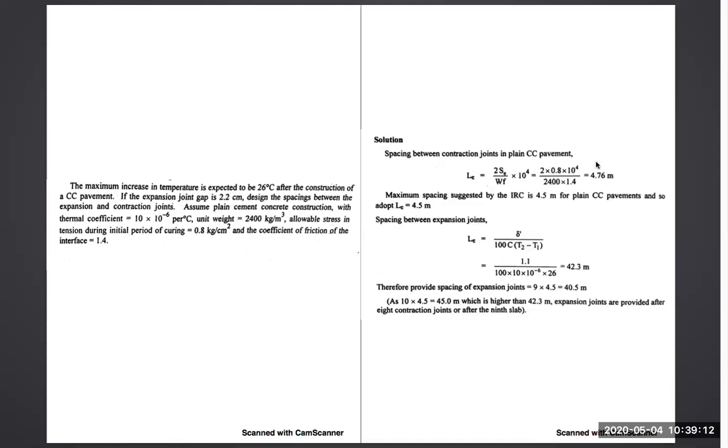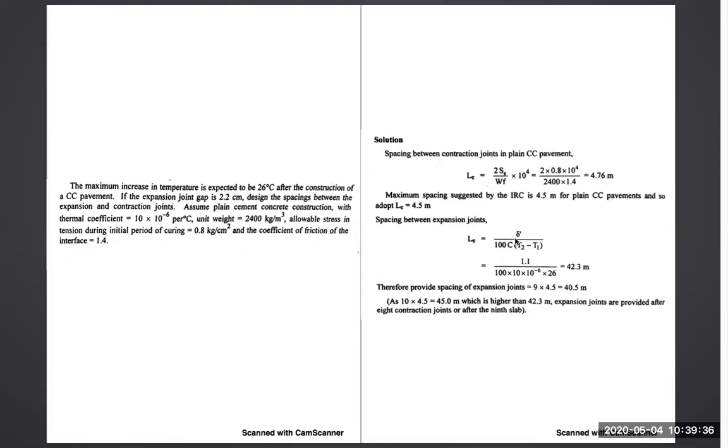Okay, so this is the design of spacing provided for the contraction joint, and spacing provided for expansion joint, they have taken it with respect to the expression. Delta dash is the half of the gap. Okay, 2.2 they have given, so half of that is 1.1, 100 into C is being given.